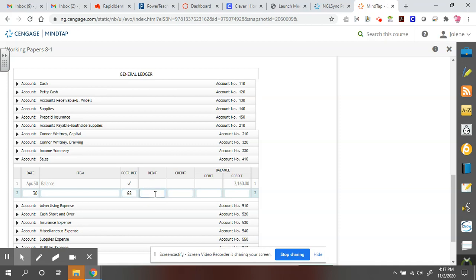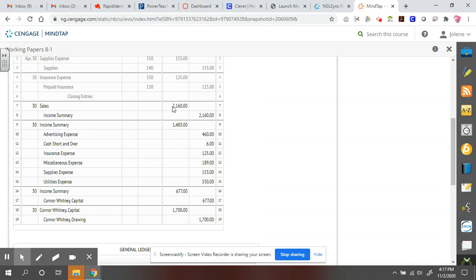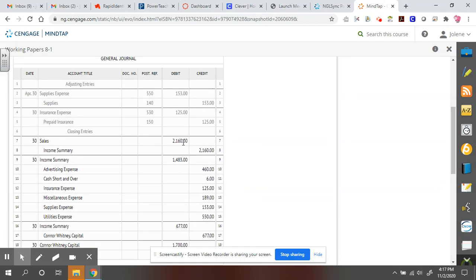And we are debiting $21.60. And I have it here in debit because up here on my general journal, it's in the debit column. See? It's in the debit column for sales.